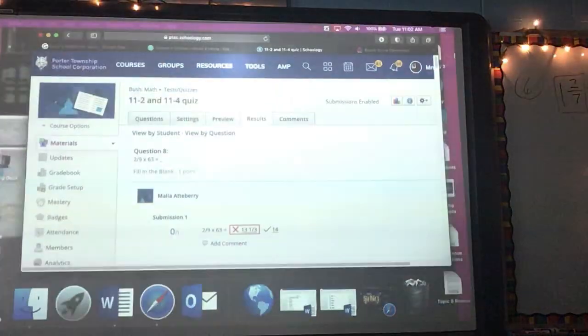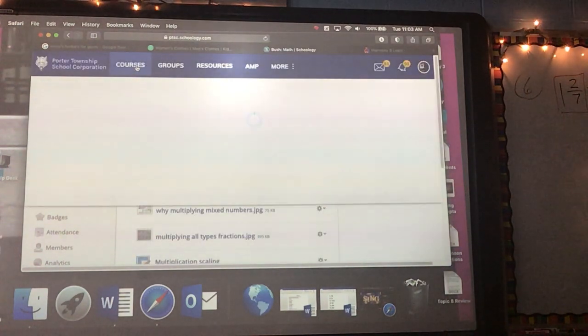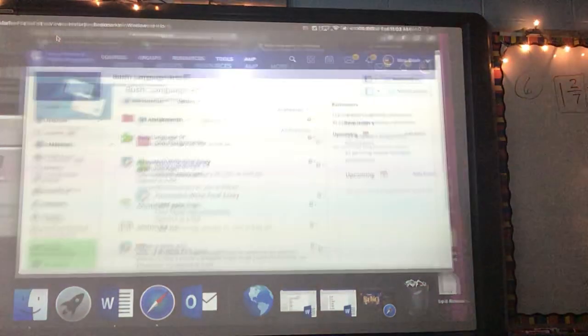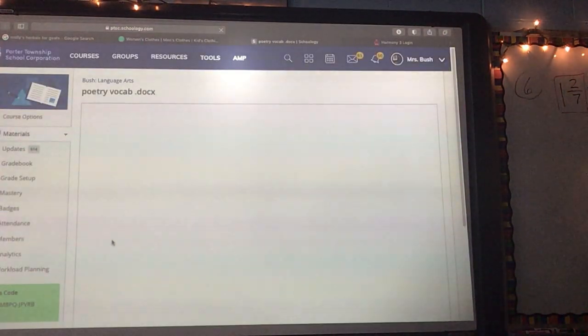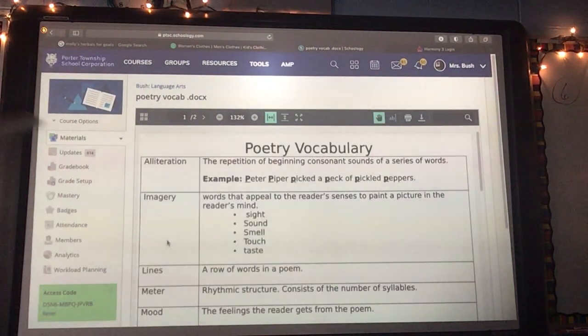Ladies and gentlemen, you are going to need to learn this poetry vocab. You are going to have a quiz on them. The quiz will probably be Thursday, is what I'm thinking. Okay, we'll play it by ear. I'm thinking Thursday though. So these are your words that you're going to have to know.